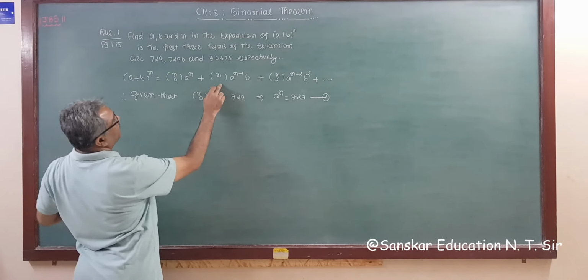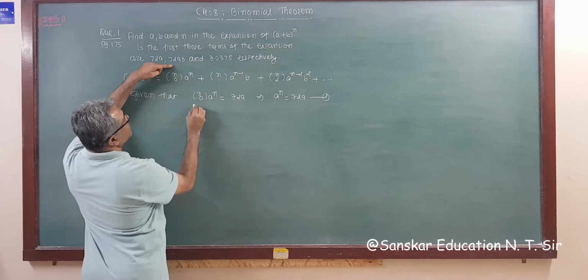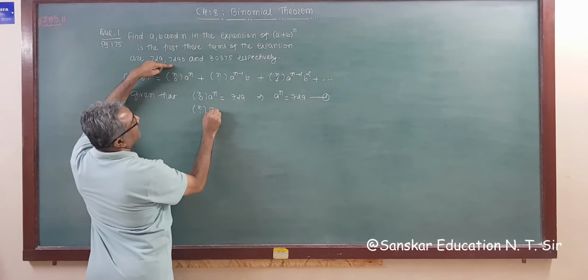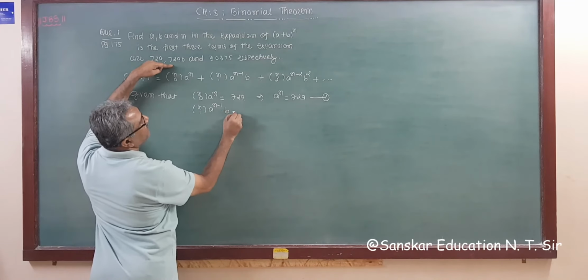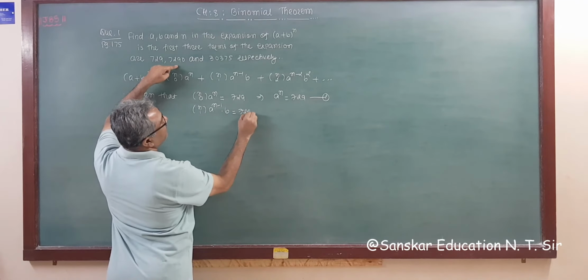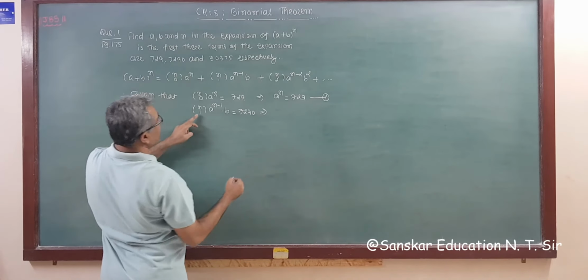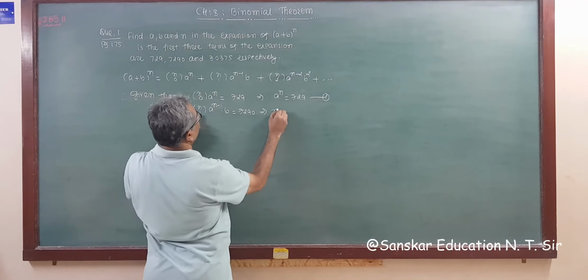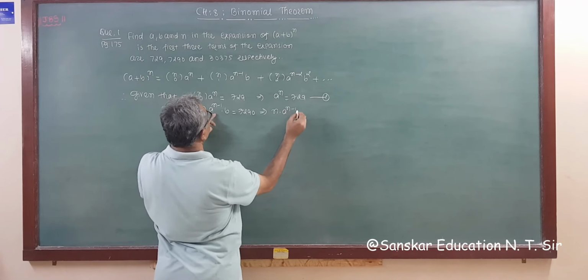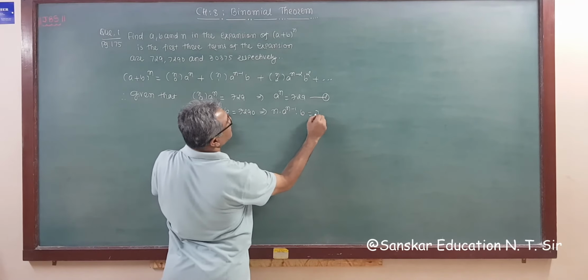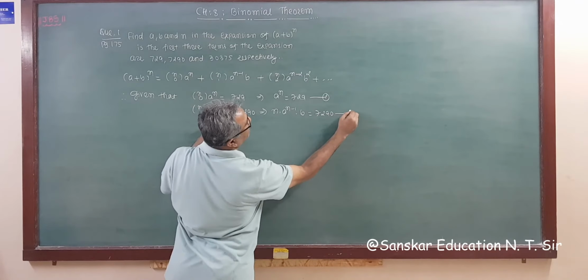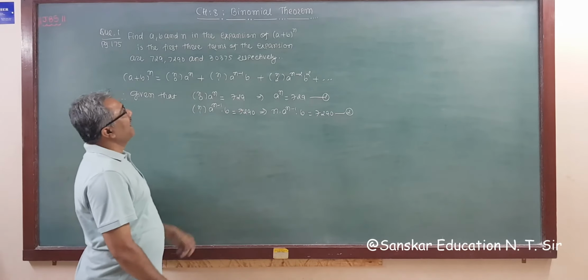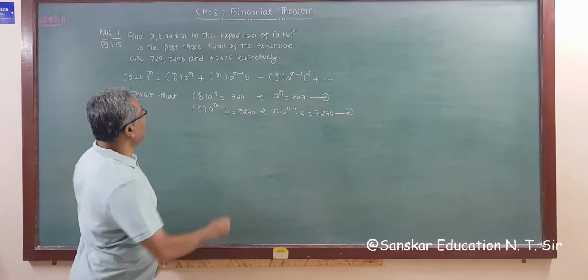Then the second term: nC1 a raised to n minus 1 into b is 7290. This implies nC1 is n. So n into a raised to n minus 1 into b is equal to 7290. Equation number 2. And the third term is this, right?